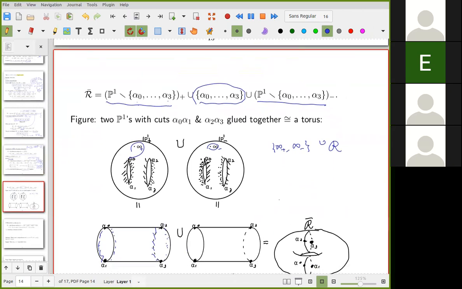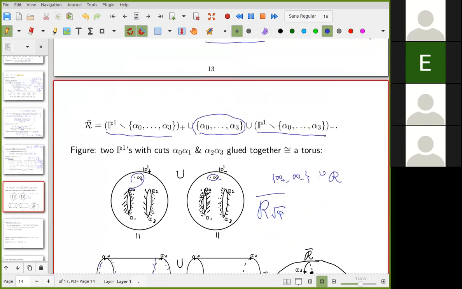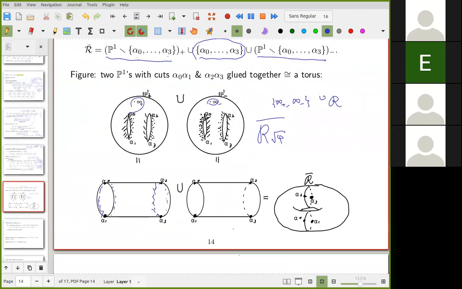We can construct the Riemann surface for the compactification of the Riemann surface of square root of psi by gluing these two cylinders. What does this mean?